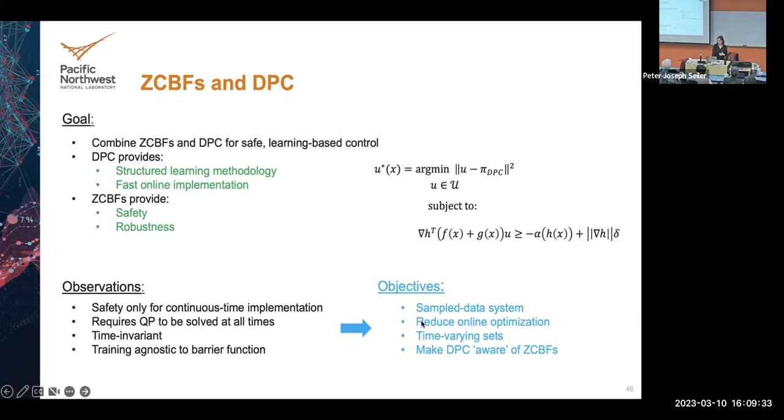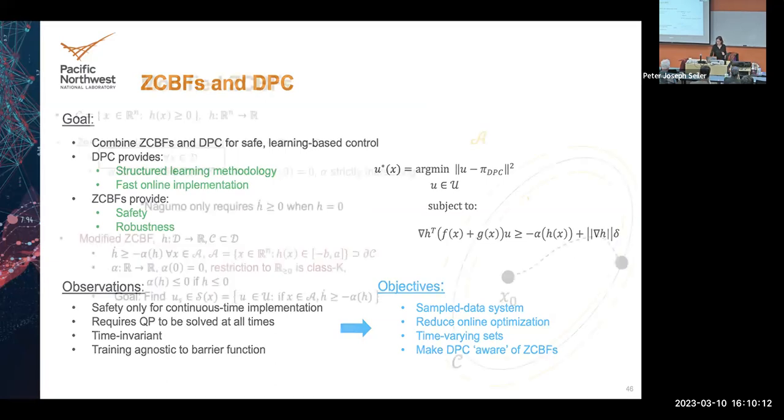Again, we wanted to reduce this online optimization, so we were looking at a range around this barrier set, so as not to evaluate this all the time. Then we also wanted to look at time varying sets, because typically for MPC, those would be important. On top of that, we wanted to make this predictive controller aware of the fact that there will be a control barrier function that will enforce these limits on its output.